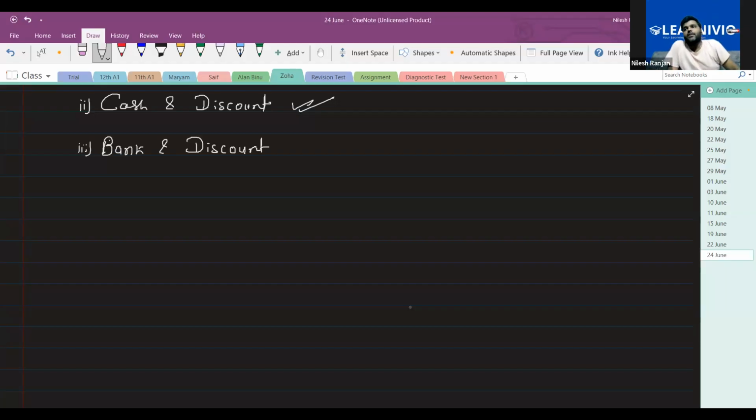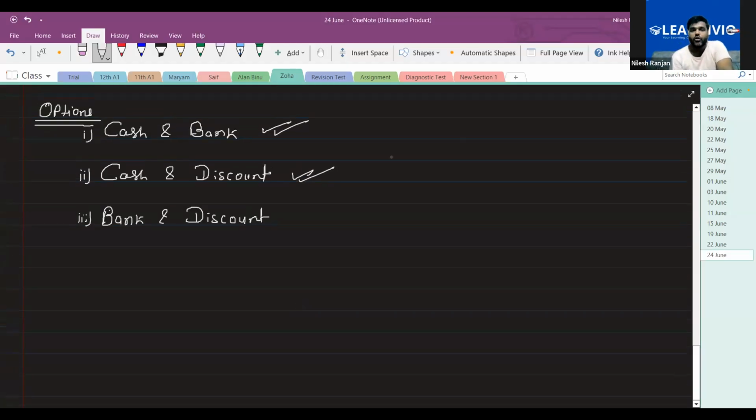The thing is, trade discount is a discount to attract customers, or you can say it is just a manipulation, not an original discount. That's why it is not recorded in the books. Cash discount is given to receive money on an early basis, like faster recovery of amount. So that is the original discount and that is recorded. So cash discount will be recorded here, and in these books we will record only cash discount, not trade discount.